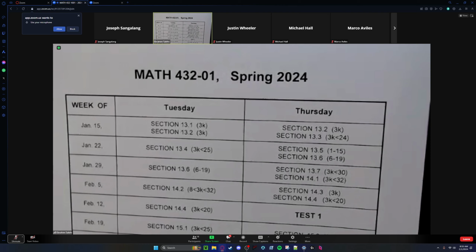Today, it's going to be a short session. I will only talk about logarithm and then dismiss the class. That pretty much will take care of chapter 13. And next Tuesday, I will start chapter 14.